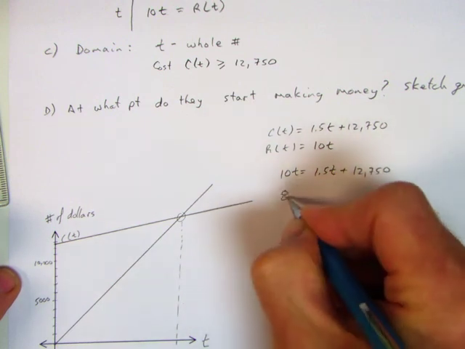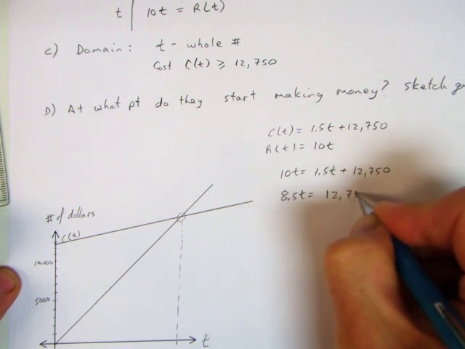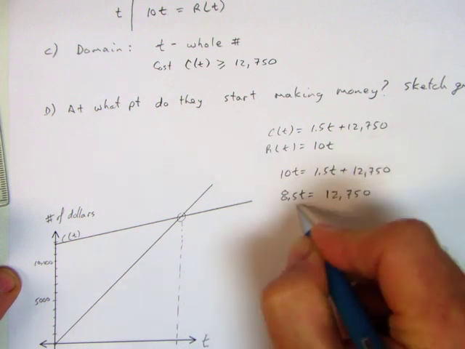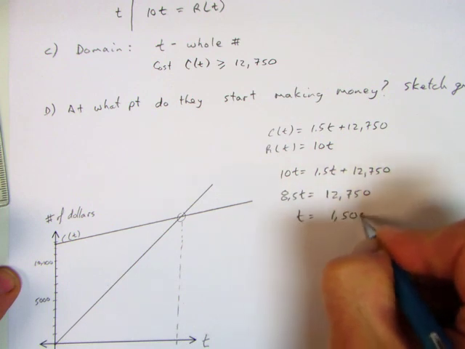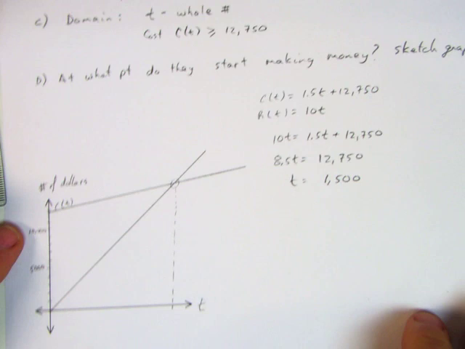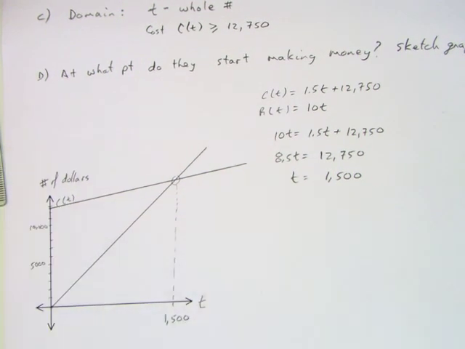Subtract the 1.5t. 8.5t equals 12,750. Divide by 8.5, and we get 1,500. So we come back here and say at 1,500 CDs, they will break even.